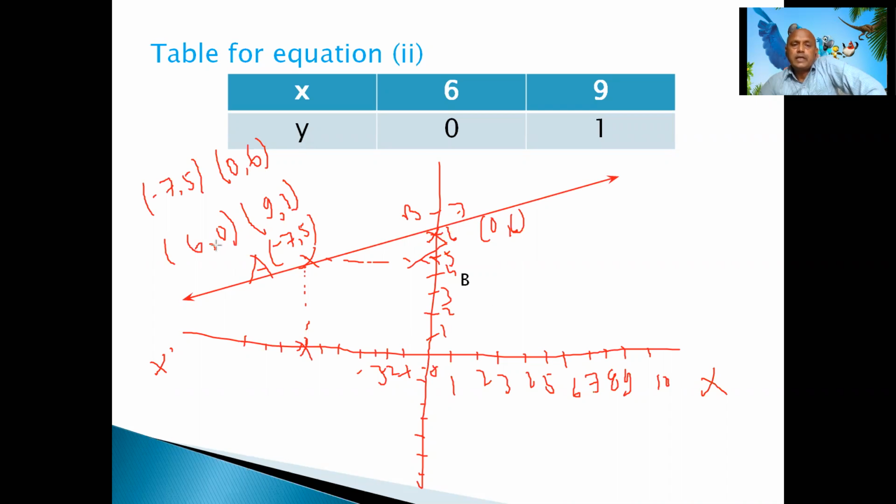Same way, the coordinates for the second equation are 6, 0. So 6, 0 is this point. Suppose that it is C. 6, 0 and 9, 1. So this point is 9, 1.